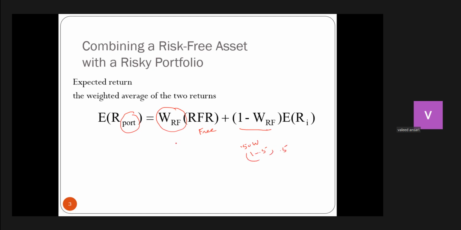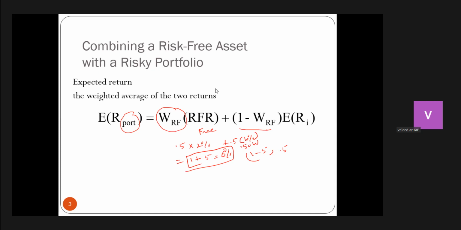So whatever return, for example, 2% on the risk-free times 0.5, plus 0.5 times the 10% expected return of the risky asset, you will get a 6% return on this portfolio. The formula is the same way as where we had two securities, X and Y, or some more than two. So there is no difference in terms of the return, it remains the same, whether risky assets or risk-free assets are there. But the change occurs in the portfolio risk formula.